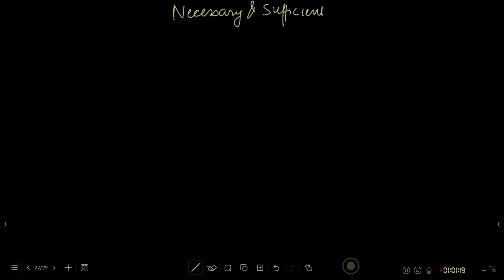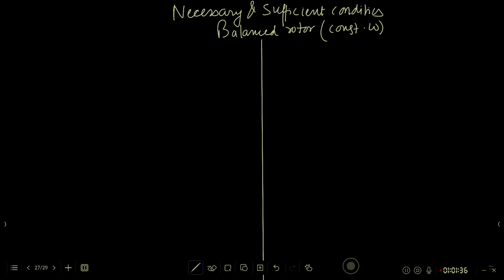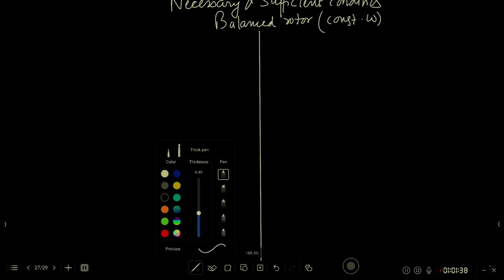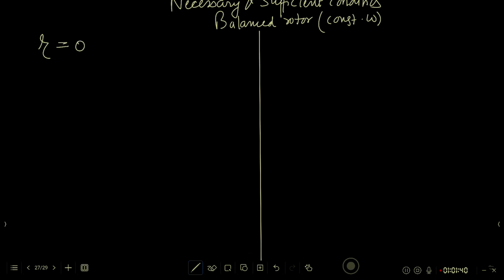Balanced rotor, constant omega. Your center of mass should be on the IAR. IAR must have CM lying on it. And IC13 should be 0 and IC23 must be 0.